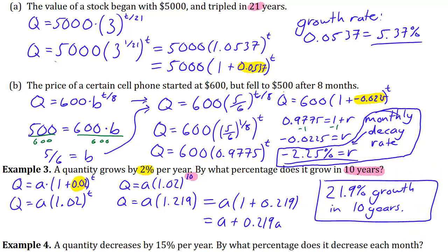There's something important to notice about this, which is that if it's growing by 2% per year, you might think that it's going to grow up by 20% in 10 years, because it's going to be 2% plus 2% plus 2%, 10 times should be 20%. Except for the weird thing that happens with exponential growth, is if it's growing by 2% in 1 year, then you're starting with more for the next year.